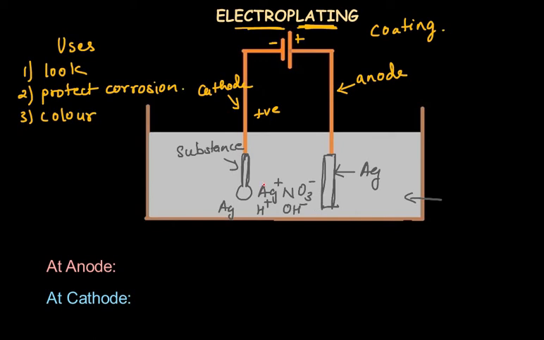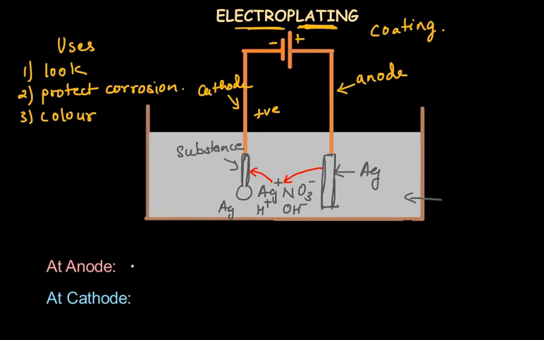On passing electricity, the silver ions are going to deposit on the cathode, and the silver atoms from the anode are going to go into the electrolyte. This is how the silver will be deposited on the spoon, making a coating of silver metal on it.